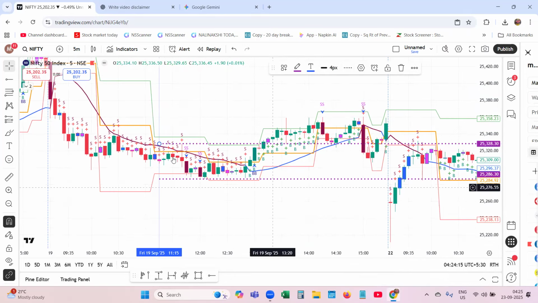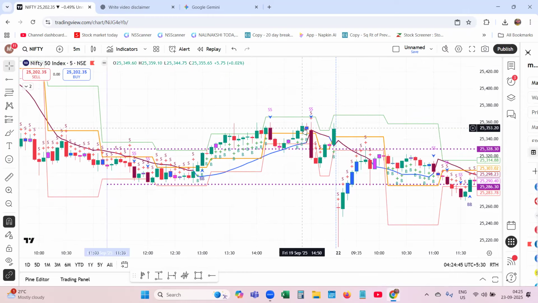You know the boundary over here, it is not breakout. Breakout will be very late actually. With the help of this indicator, we are entering here, that is the level 25,306 and the market rallied up to 25,356. And later in the afternoon, it gave breakdown.